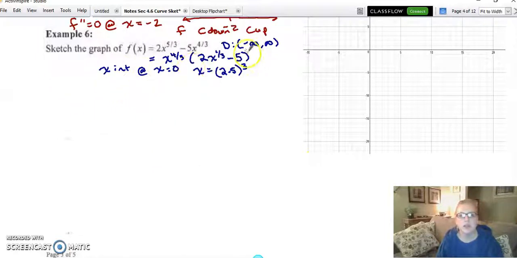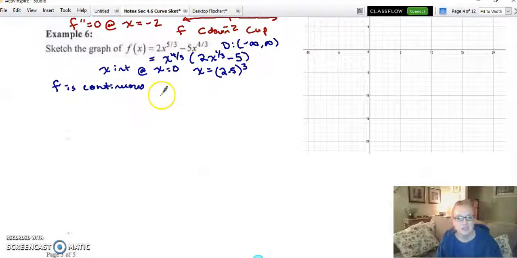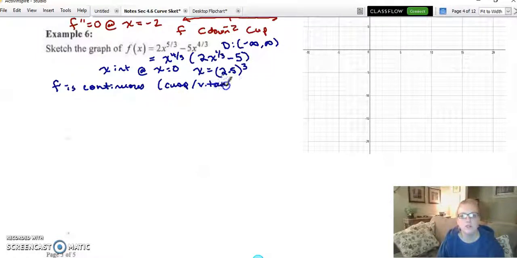I know that our function f is continuous because it's the sum of continuous functions with that domain, although I'm not quite sure about the differentiability. I'm going to make a note to myself that there's a cusp or vertical tangent alert because of those cube roots.